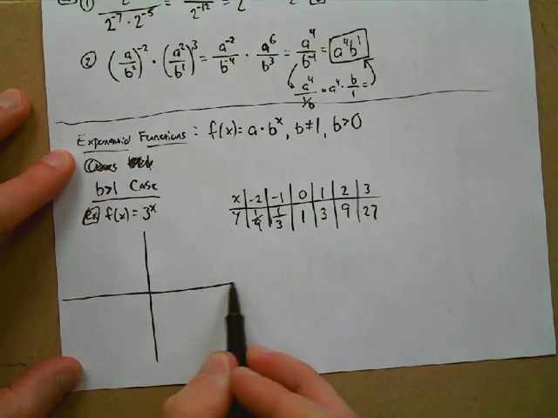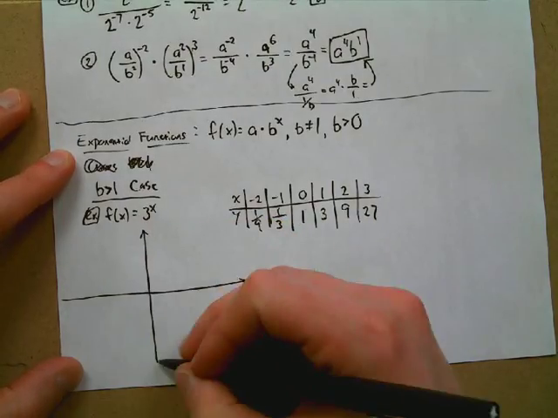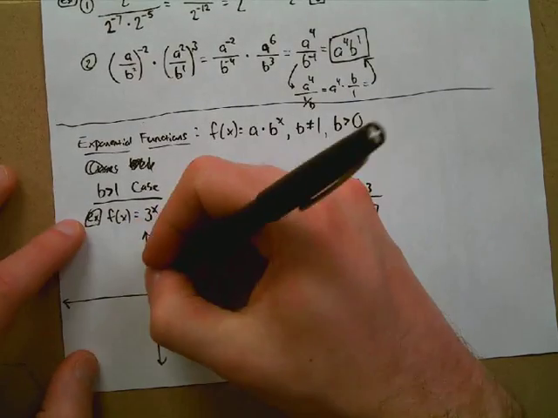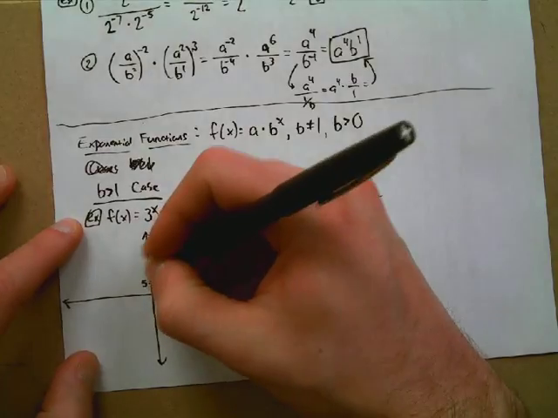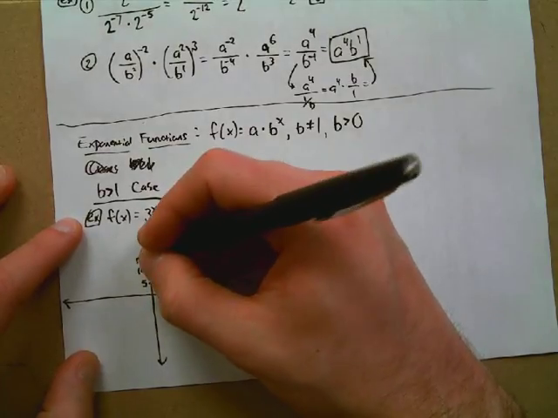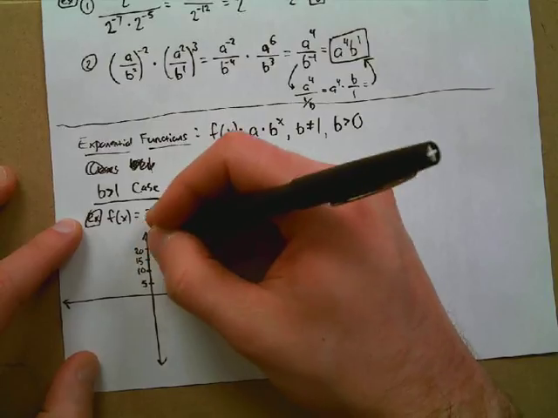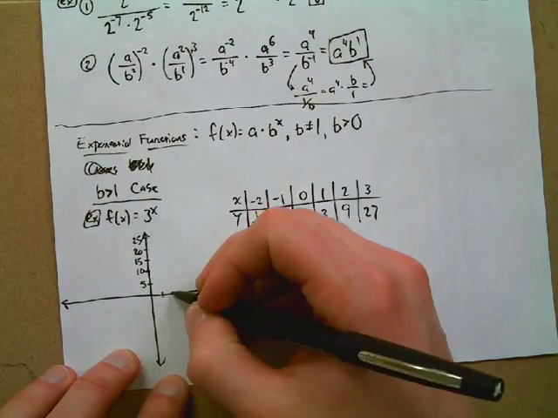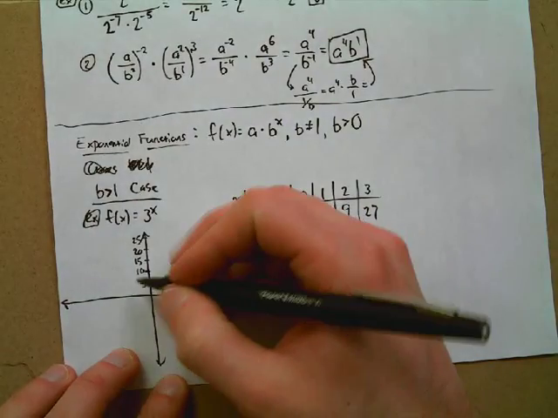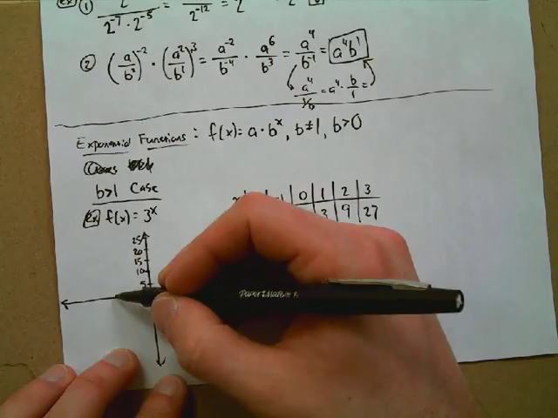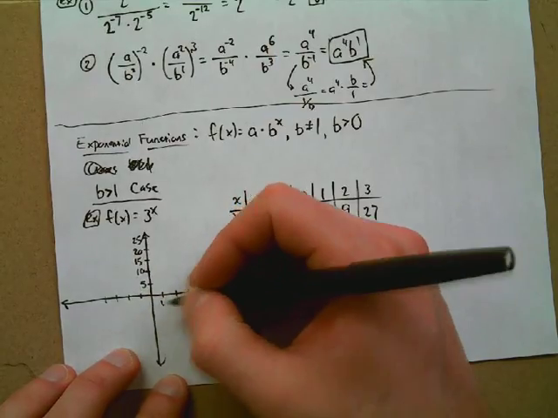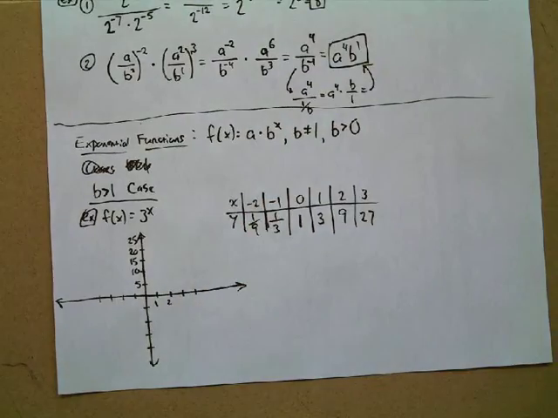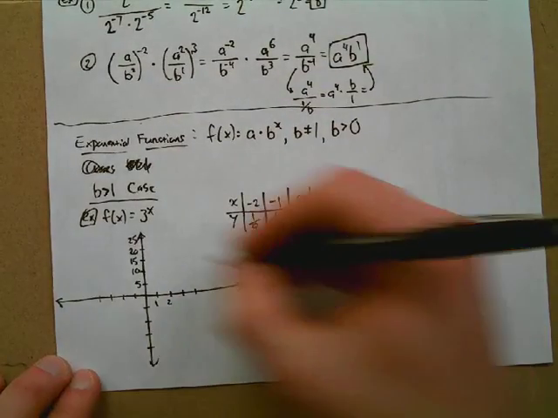Okay. So if you go and graph this, all right, I'm going to count by 5s on my y-axis. And then just 1s on the x-axis. All right, we plot these points.